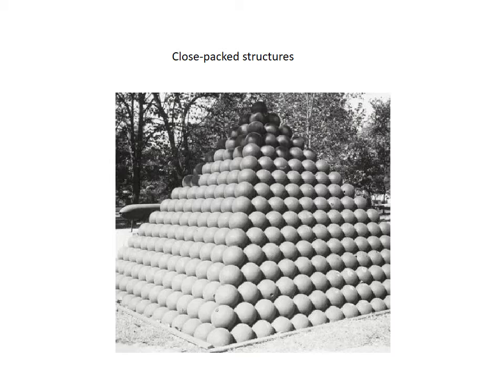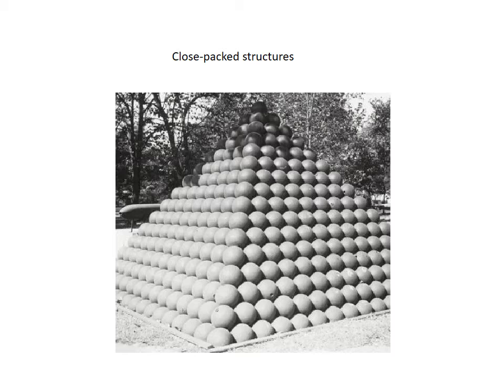Nature tends to minimize the empty space within structures, for the simple reason that the forces between atoms are attractive. So therefore nature tends to pack atoms in extended solids as close as possible.